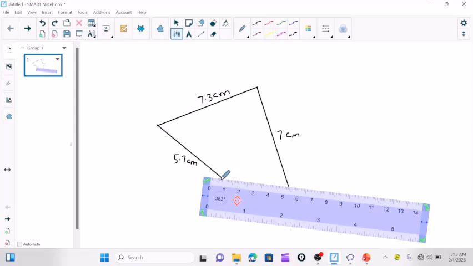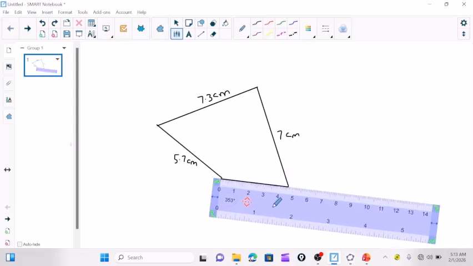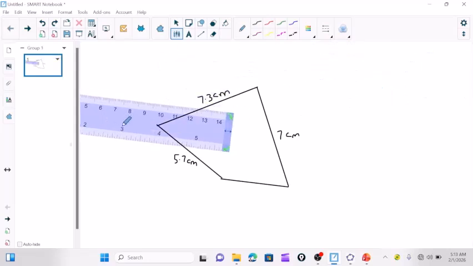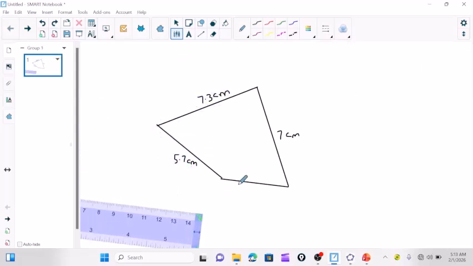Okay, so I've gotten what I need now. Just cover it, then take your ruler and measure the length. From 0, this is giving me 4.6. So remove your ruler. This is 4.6 centimeter.